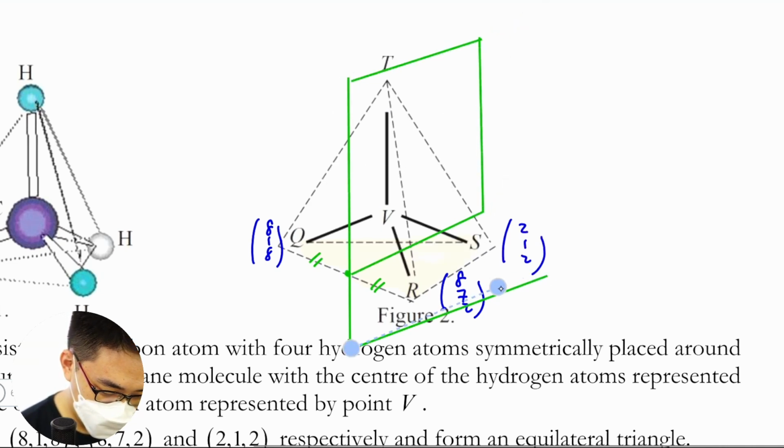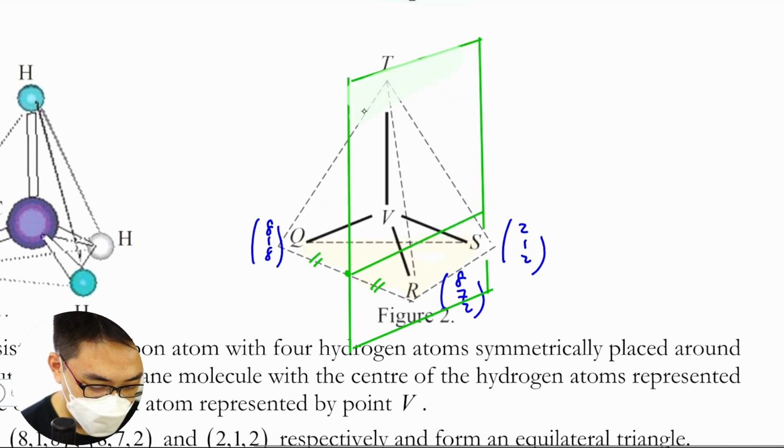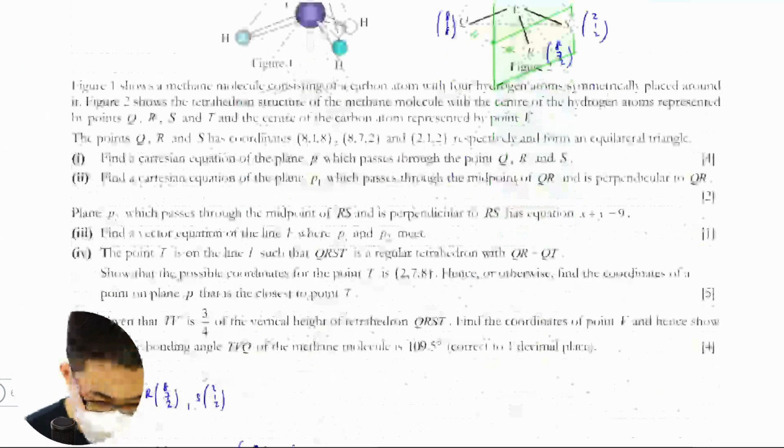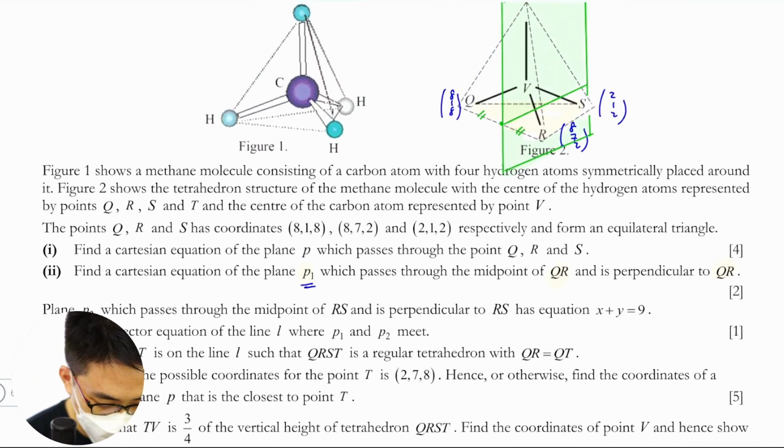Maybe I draw it nicely. So you want the plane to be perpendicular in this sense. Just try to understand. If you simplify this, P1 passes through the midpoint of QR and is perpendicular to QR.